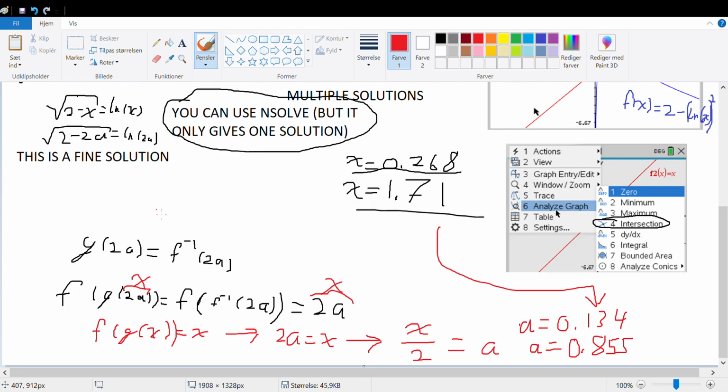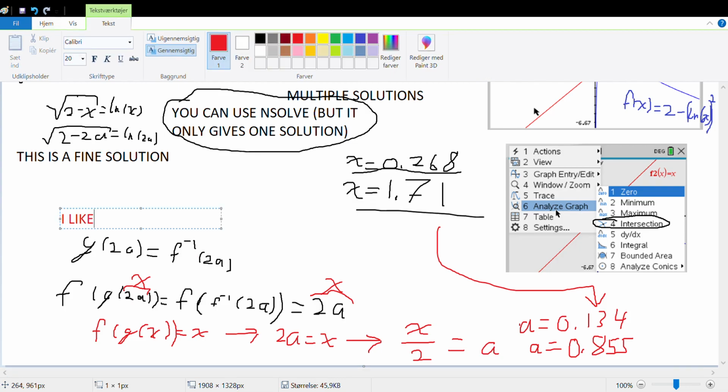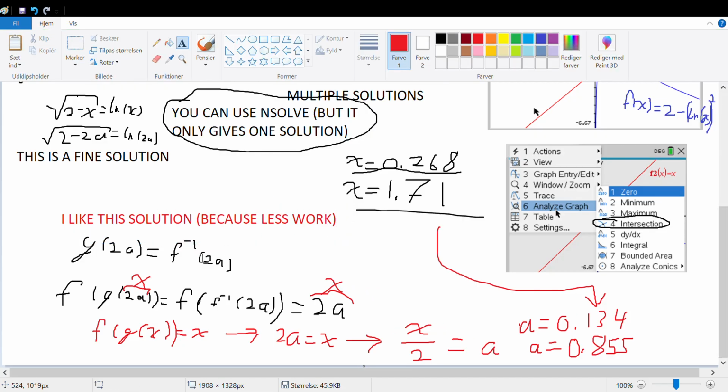At least this is the procedure that I like. I like this solution because it's less work. It's more theoretical, and it does require that you understand the concept of an inverse function very well, in a somewhat complicated way.